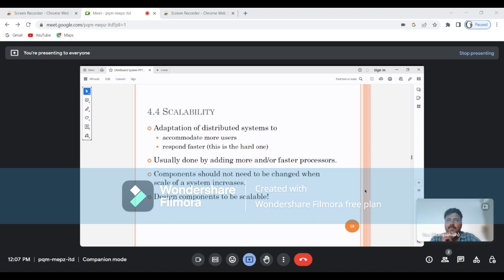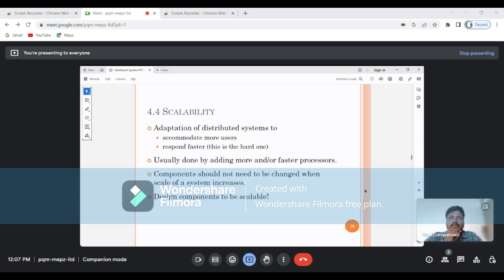Scalability. Suppose I am installing a distributed system network with 10 computers.